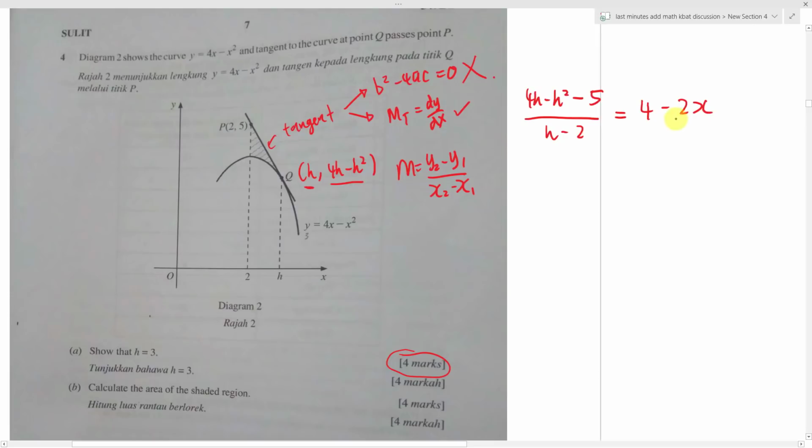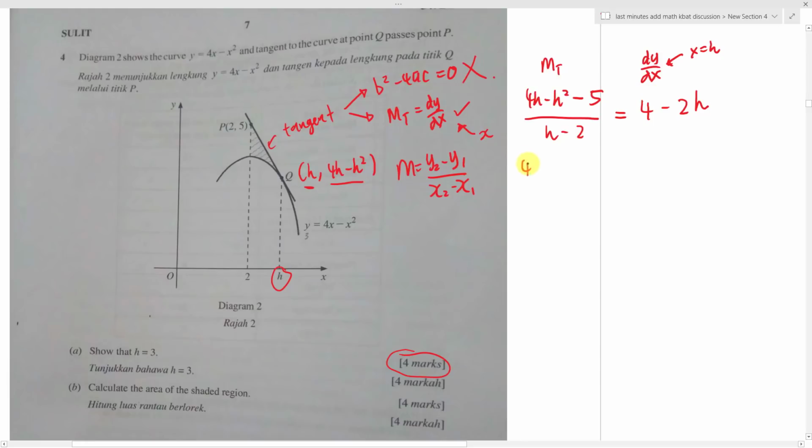But this is not yet the gradient of tangent. For the gradient of tangent, you must sub the x coordinate into the dy/dx. My x coordinate here will be h, so I will change my x into h. This is the gradient of tangent, after I sub x equals h into my dy/dx.